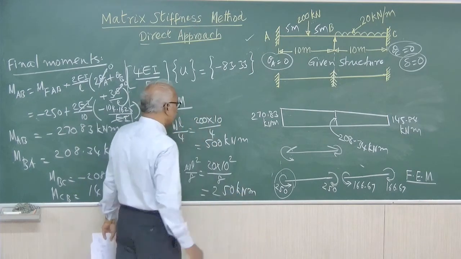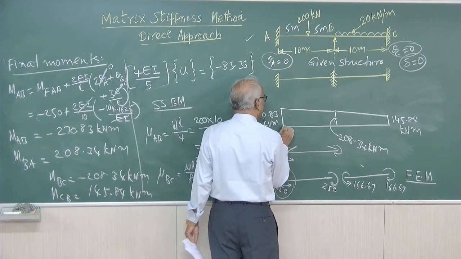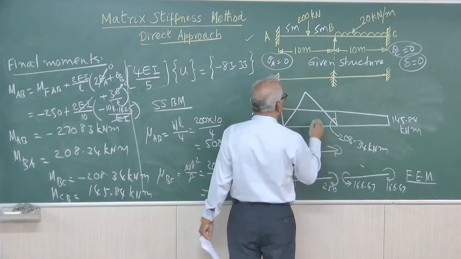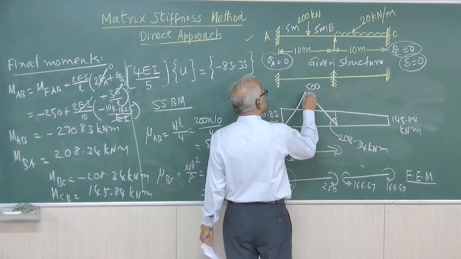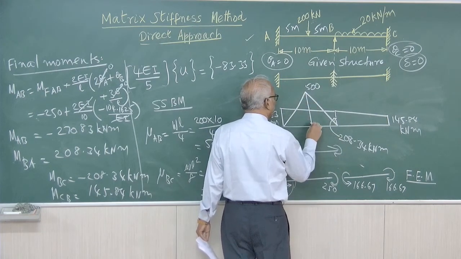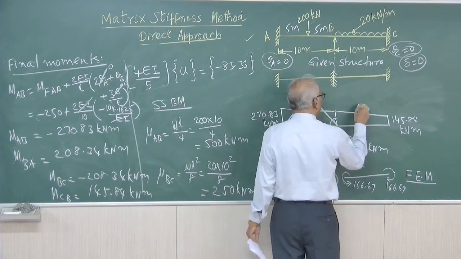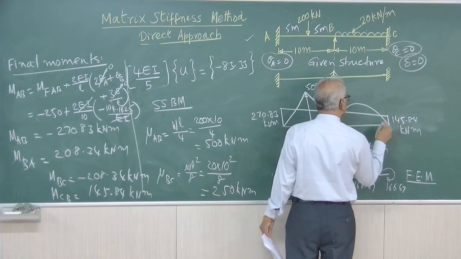So one is a triangle for AB, central load, for which the maximum value, the total ordinate, is 500, right. So here it is parabolic, 250.